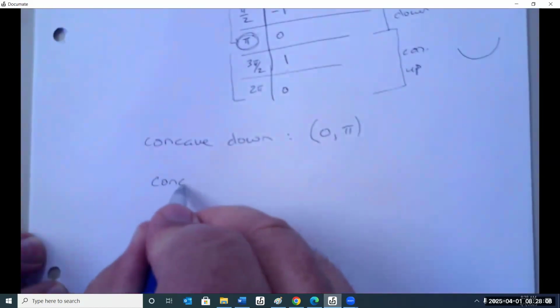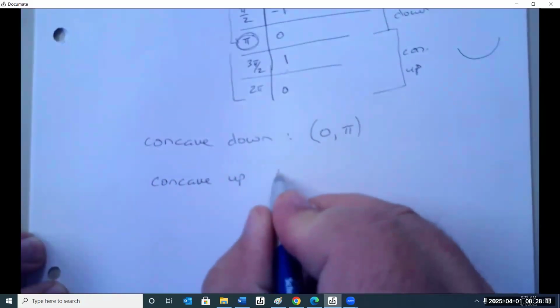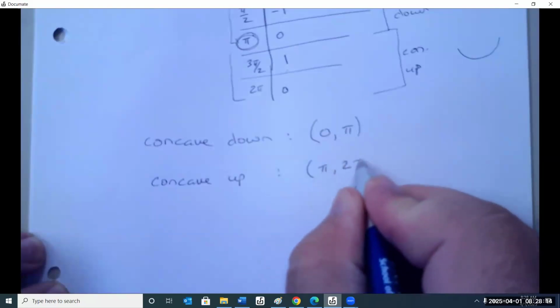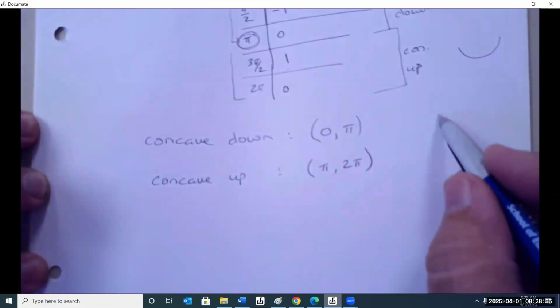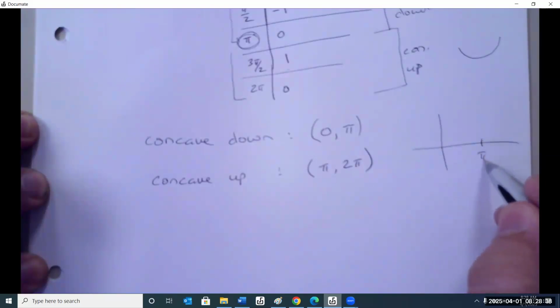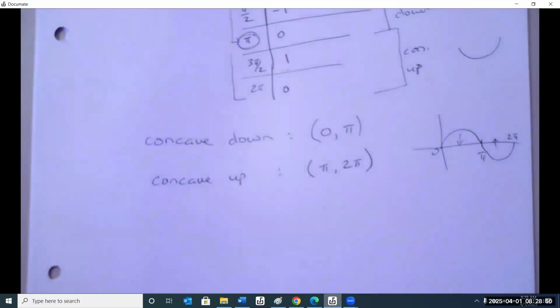And we have concave up from pi to 2 pi. And that's exactly what the graph looks like. So from 0 to pi, it's concave down. And from pi to 2 pi, it's concave up.